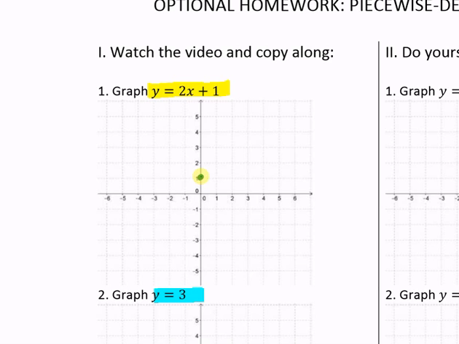That's down here. And now I'm just going to connect these 2 points to make a line. So that's what y equals 2x plus 1 looks like.